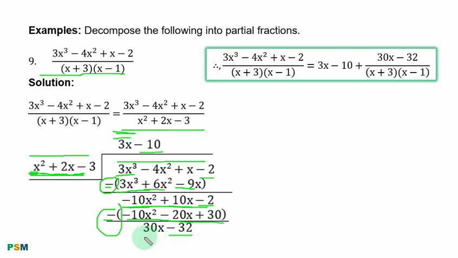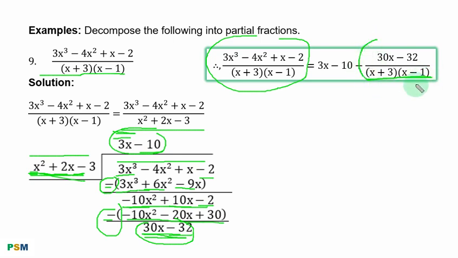At this point, further division is not possible. Therefore, the given compound fraction is equal to the quotient, that is 3s minus 10 plus the remainder over the divisor in this form.